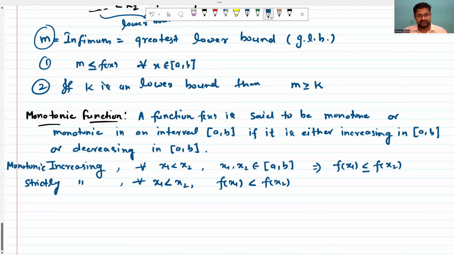Okay, so this is called strictly increasing. So if the function is strictly increasing, then also it is monotonic. You can also say, because in the condition of monotonic increasing, it is less than or equal to.